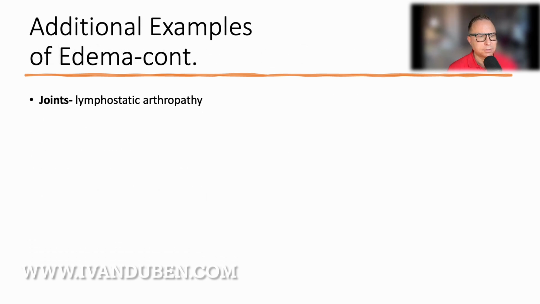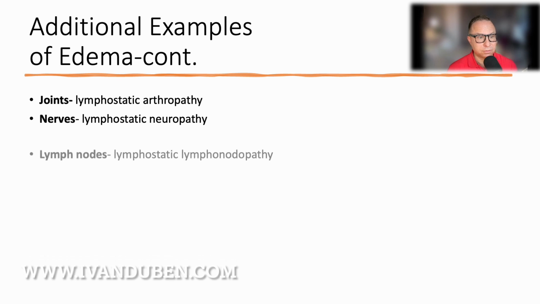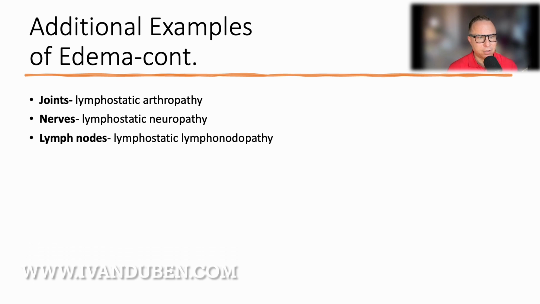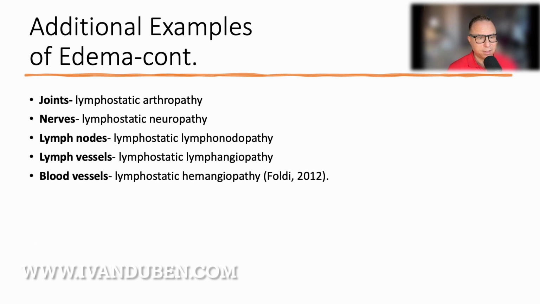Other common areas of lymphostasis and edema would be in the joints, around the nerves, lymph nodes themselves, lymph vessels, and blood vessels. All these areas can have lymphostasis in the area, leading to triggering chemoreceptors and pain receptors, and presenting as chronic conditions that would fall into the itis category.